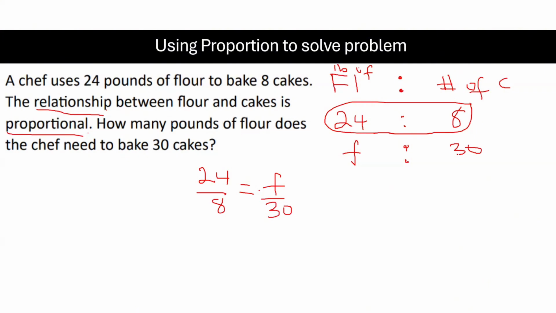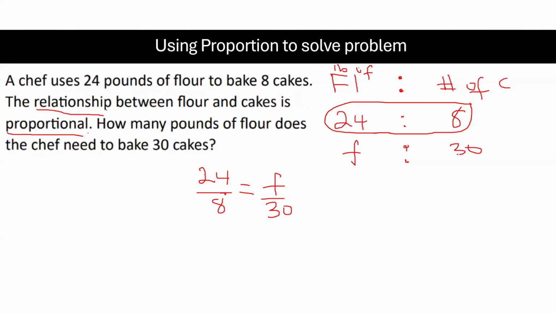Just a point to note again, when you are writing your proportion, make sure you have the same quantity in the numerator or the denominator. If you look here, we have flour in both numerators, and we have number of cakes in both denominators.